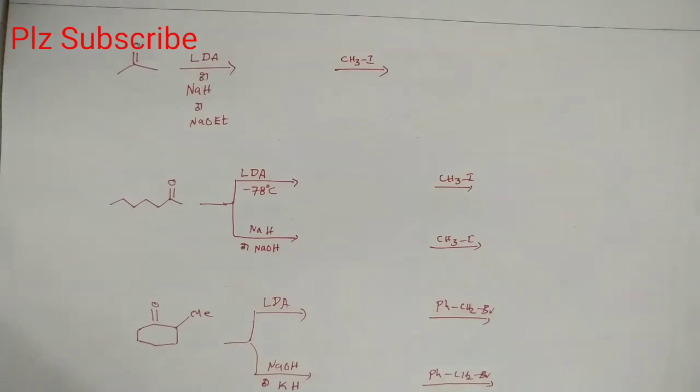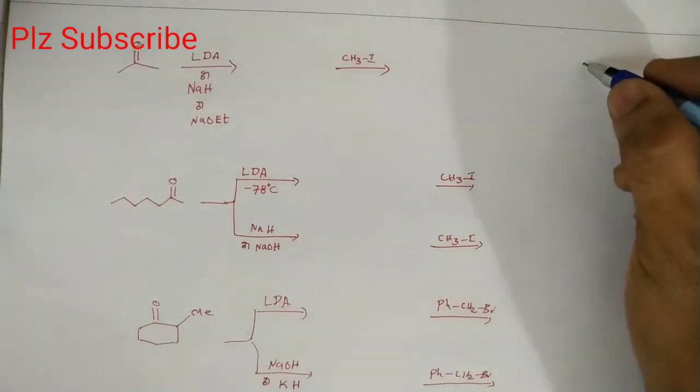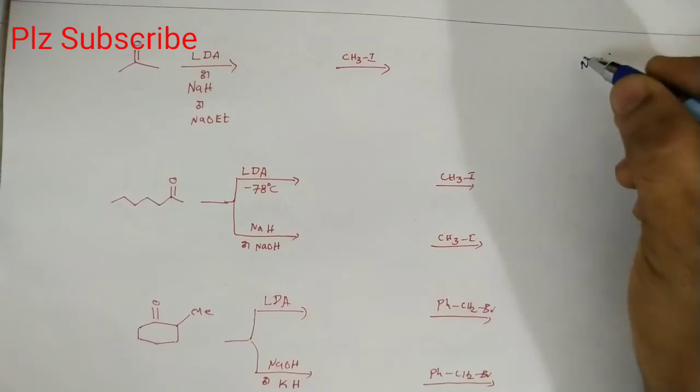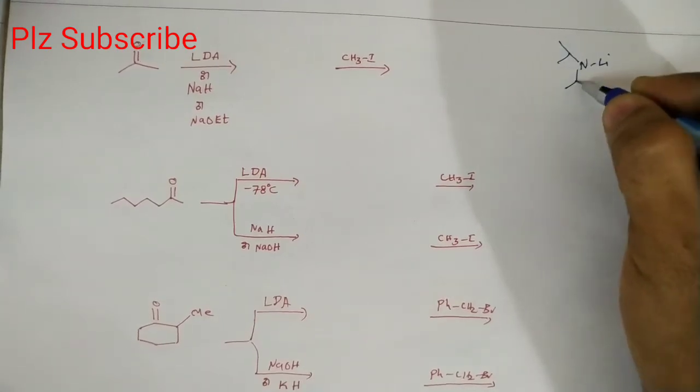By using different reagents you can get the alkylated products. These alkylated products are regioselective, that means regioisomeric products will be obtained. In this case, LDA means lithium diisopropylamide, with this isopropyl and this also isopropyl.